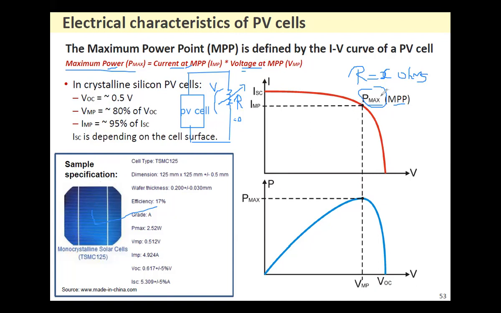That point is known as the maximum power point. The corresponding power curve is shown here. You can see here that at this point, the power you are getting from the solar cell is maximum.